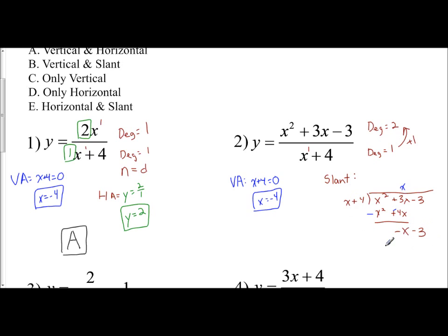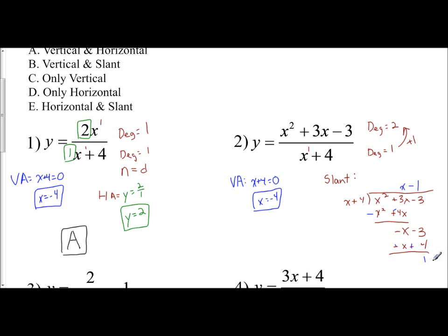So what do I multiply x by to get negative x? And that would be a -1. Distribute, and you're going to get negative x minus 4. We're doing subtraction, so we're going to change all of our signs for this. And what happens is I get -3 plus 4 is 1.